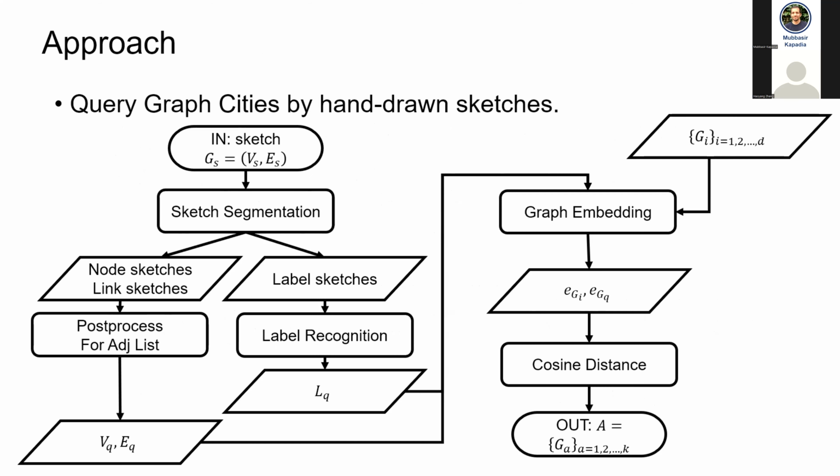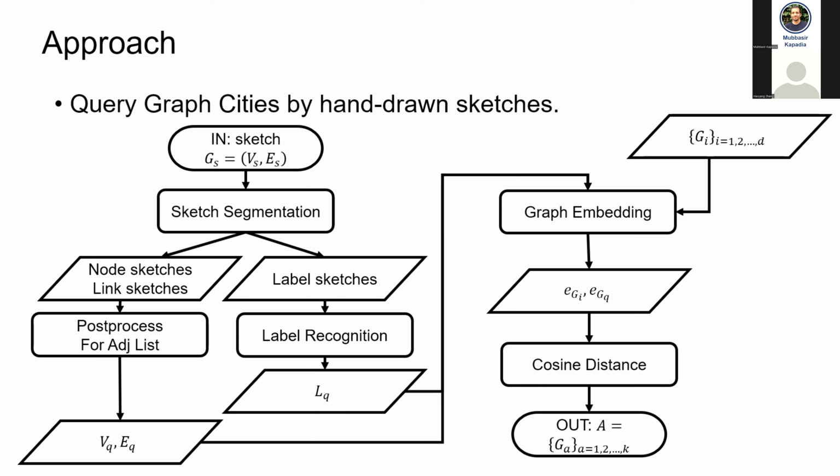So here is the flowchart of my approach. The input will be a sketch graph, and we first do this sketch segmentation to segment it into node sketches, link sketches, and label sketches. For the node and link sketches, we do traditional post-processing to get the adjacent list of this query graph.